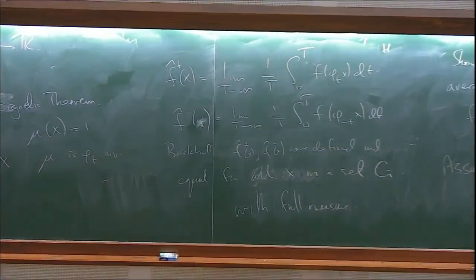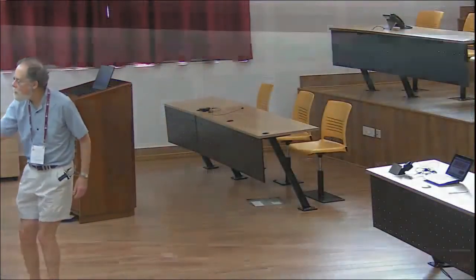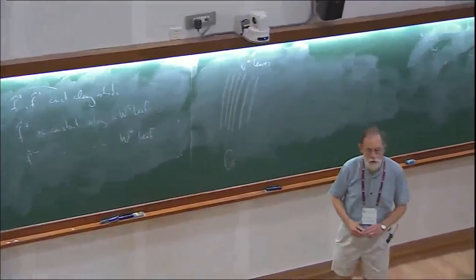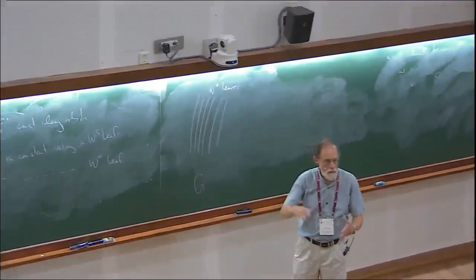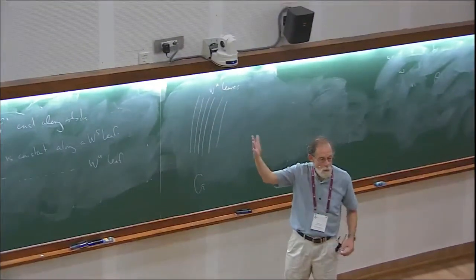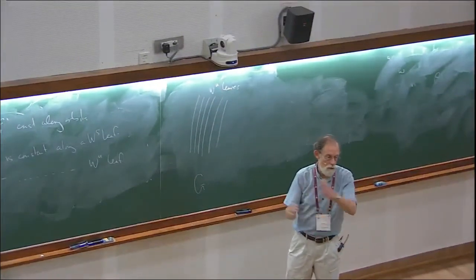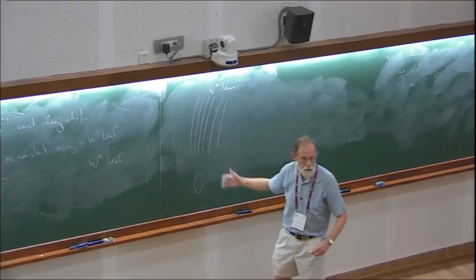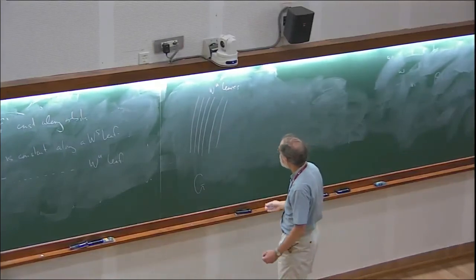So this G is not the generator of the geodesic flow. This is G for Gord. So I have my full measure set G and a foliation by WU leaves. This is a very nice foliation, and the leaves are horocycles equipped with normals. Horocycles vary in a nice smooth way. This is a smooth foliation with smooth leaves.